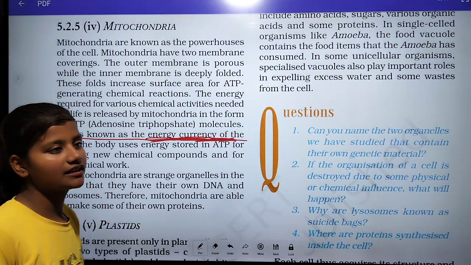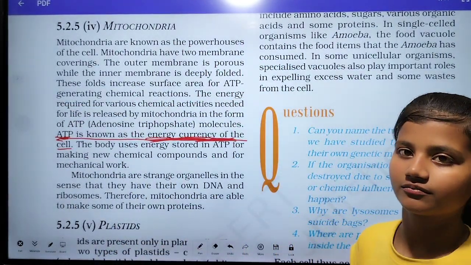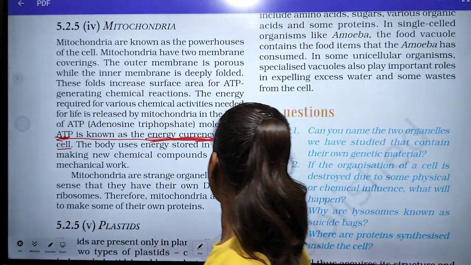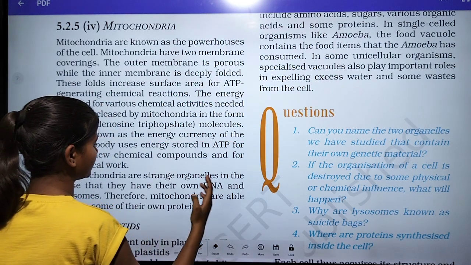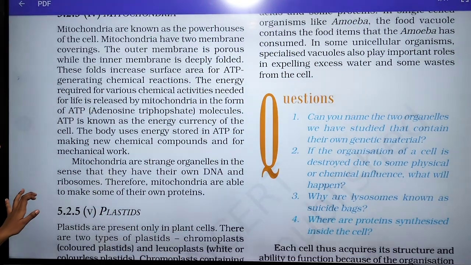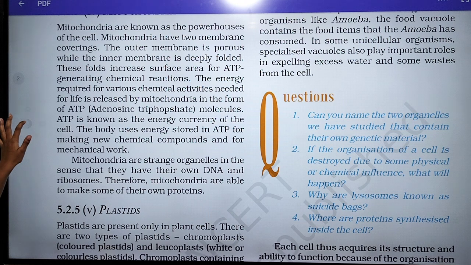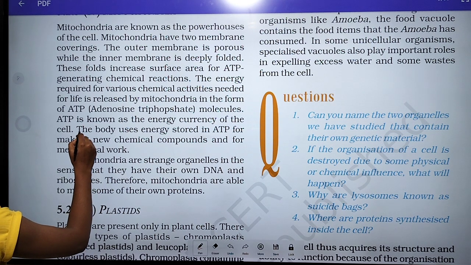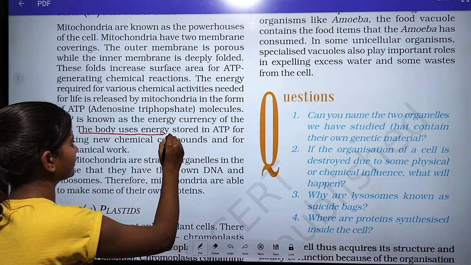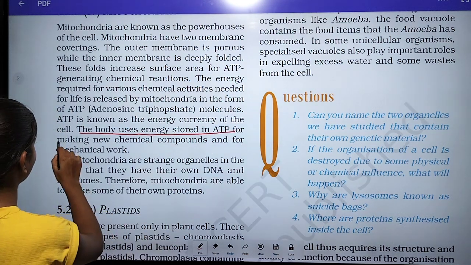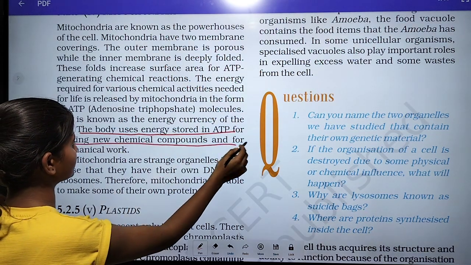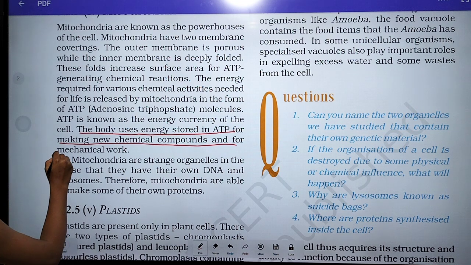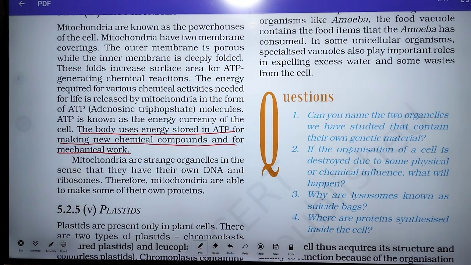ATP is also known as the energy currency of the cell. ATP is produced by the mitochondria. The body uses energy stored in ATP for making new chemical compounds and for mechanical work.